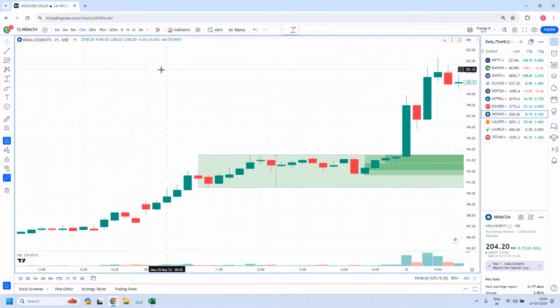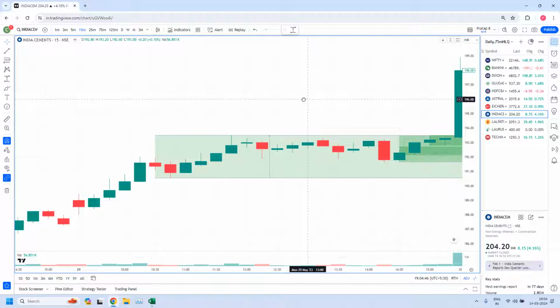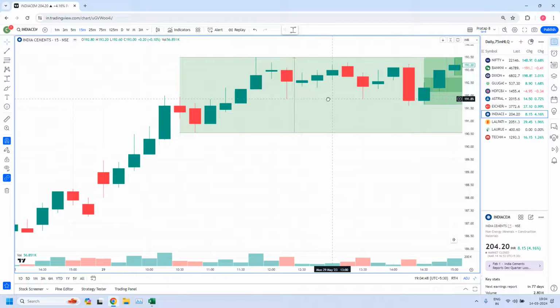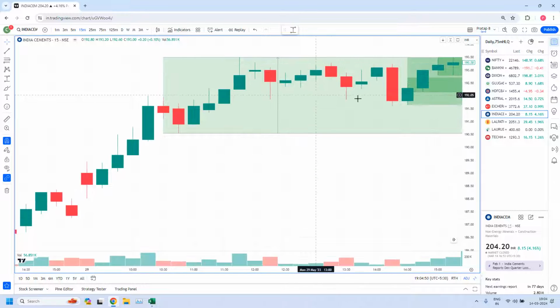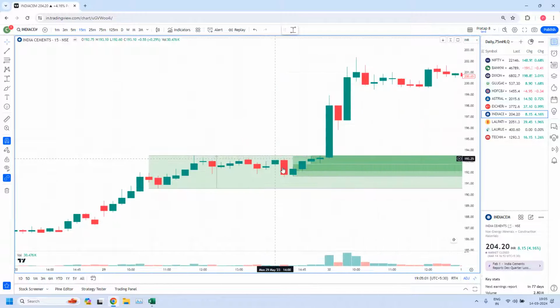Inside this 15-minute zone, some people may say this could be taken as a leg candle, 2 base candles. Even drop, base, rally we can take, but this is not a very strong leg out, a medium size candle.